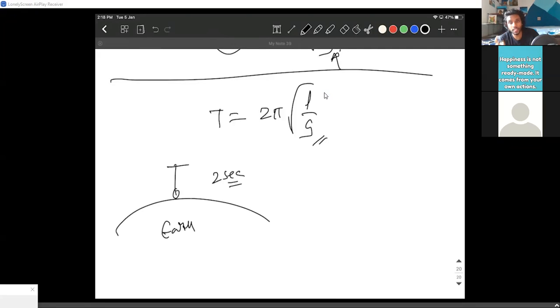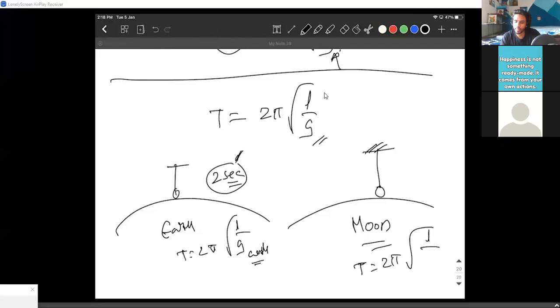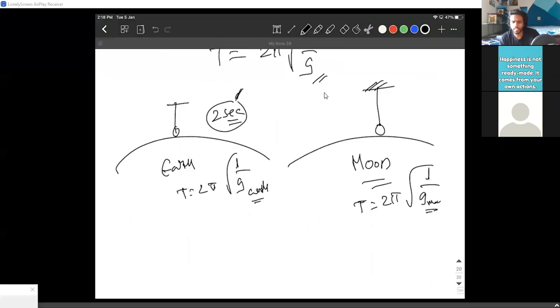They call it a seconds pendulum if the time period is 2 seconds. They take this onto the moon and ask the time period. So once you have T equals 2 pi root over L by G on Earth, now you have to write the time period 2 pi root over L by G on the moon. As simple as that.